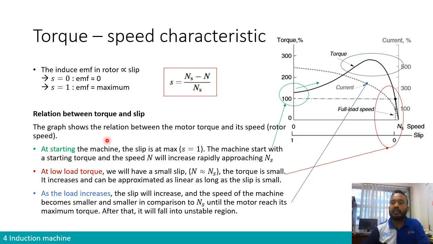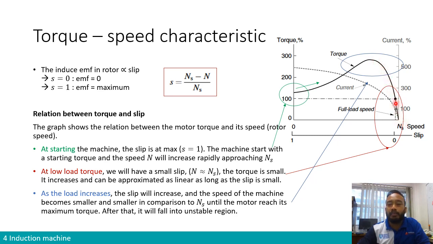So we'll look at a few different points. First, we look at the general pattern of the graph. For the graph of torque, you can see that when the motor is starting, the torque is at a certain level, which is quite low, then it increases to a certain maximum torque, and then after a certain slip closer to the synchronous speed, the torque is going to reduce until 0.